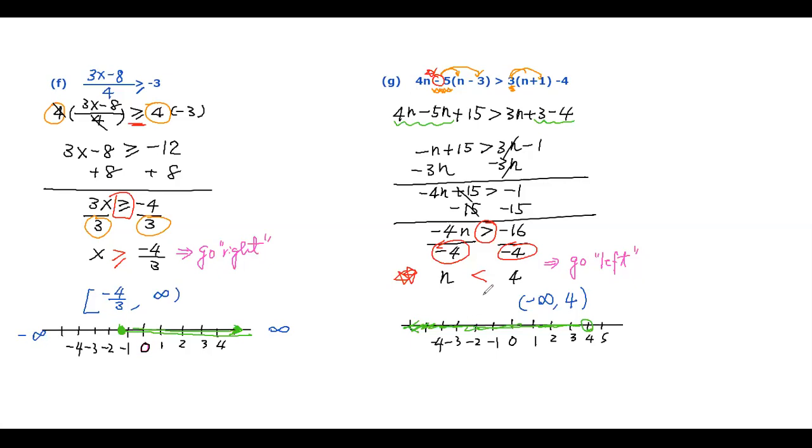Then the next thing is when you write in interval notation, if it's an equal sign, you use a bracket. If it's just greater than or less than, you use parentheses. Also remember, if x is less than something, you go to the left-hand side. If it's greater than, you go right. That's it, and that is this lesson on how to do inequalities.